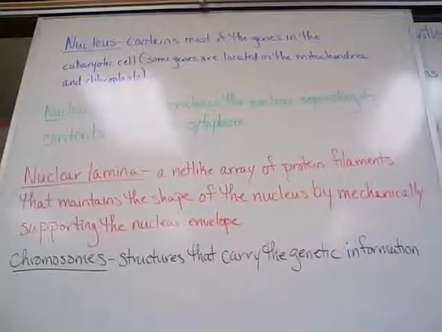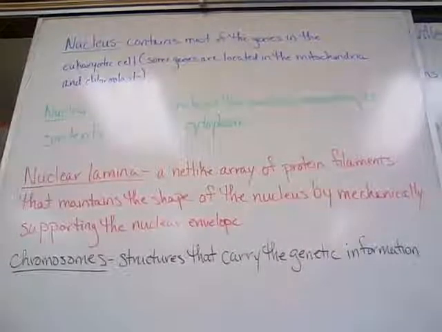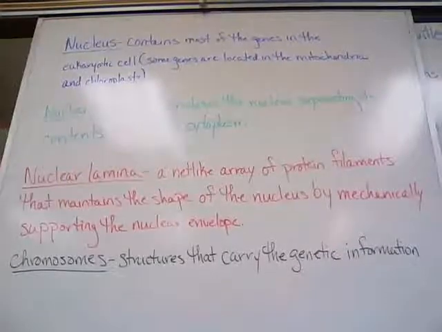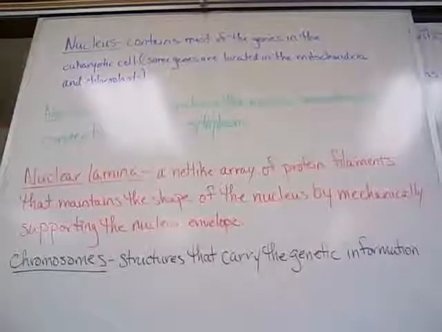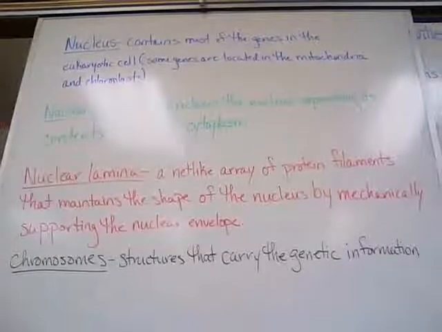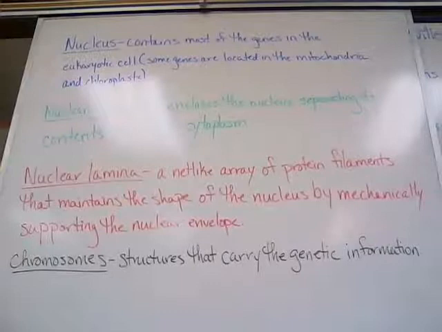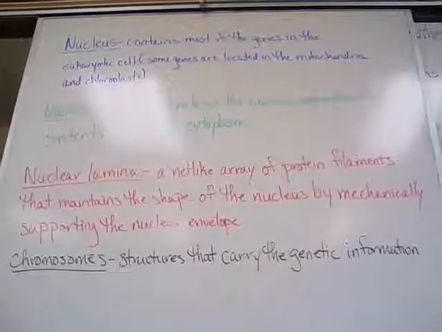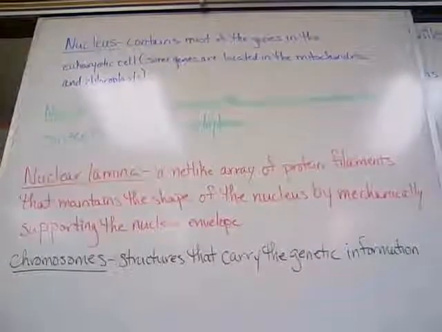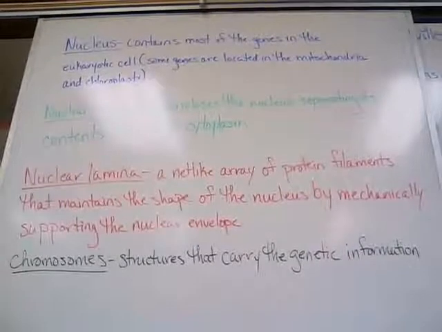Okay. Within the nucleus, the DNA is organized into discrete units called chromosomes, structures that carry the genetic information. Each chromosome is made up of a material called chromatin, a complex of proteins and DNA.